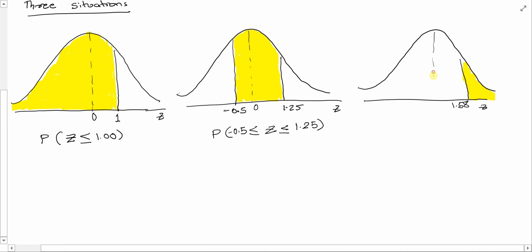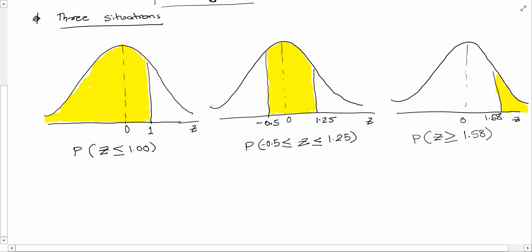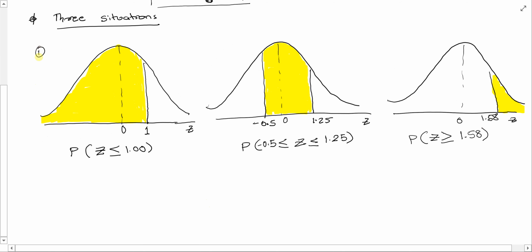And in the third case, one could have a situation where we are interested to find out the probability that z takes a value greater than or equal to 1.58. So in the first case, we are interested to find out the area to the left of some point on z. In the second case, the area in between 2 points on the standard normal scale.